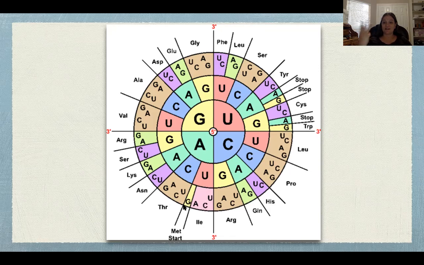And then there are 3 stop codons. You can see them here. UGA, UAA, and UAG can all code for stop. And stop actually doesn't bring another amino acid. It brings in kind of a blank, so there's nothing there. And so it stops attaching things, and your protein is made, or the chain is made.